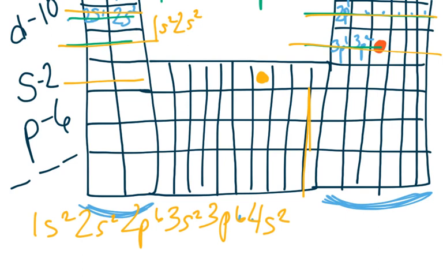Here's the problem. The D block is difficult, okay? Whenever you do the D block, you have to take the energy level minus 1. So this is 4s right here. This is not 4d, this is 3d. It's minus 1, okay? This is 5s, therefore this is 4d. This is 6s, so this is 5d.